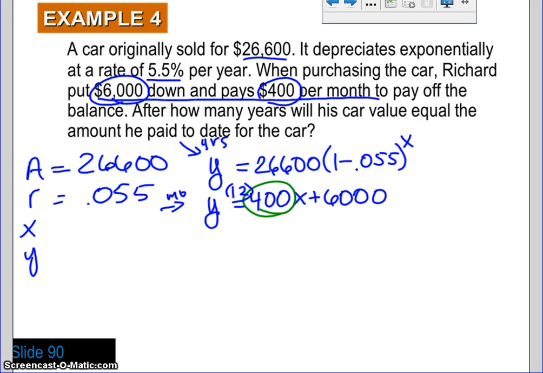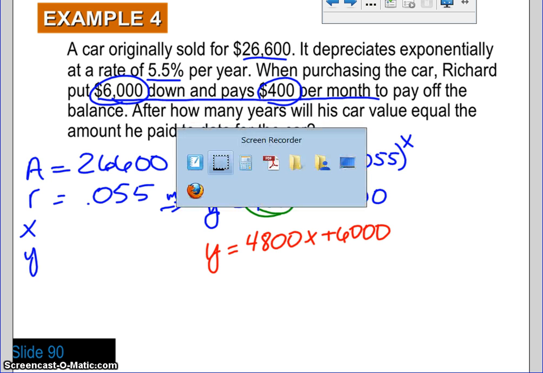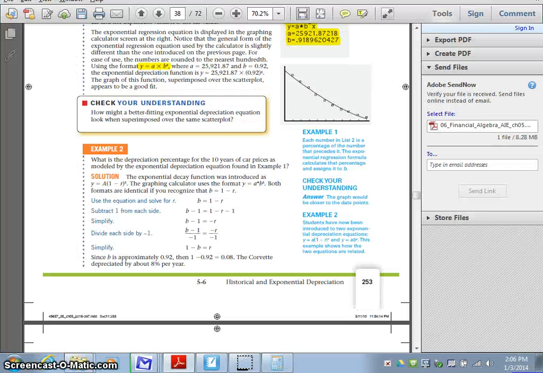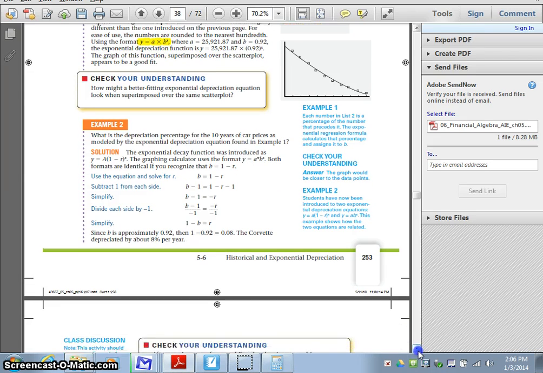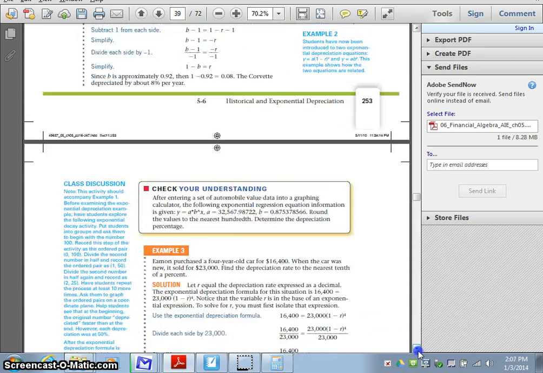So my new equation ends up being y equals 4,800x plus 6,000. And if I put both of those into the graph, let's go back to our textbook, and we're going to see what that looks like.